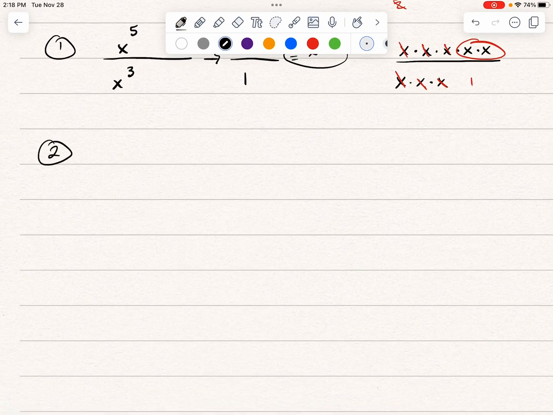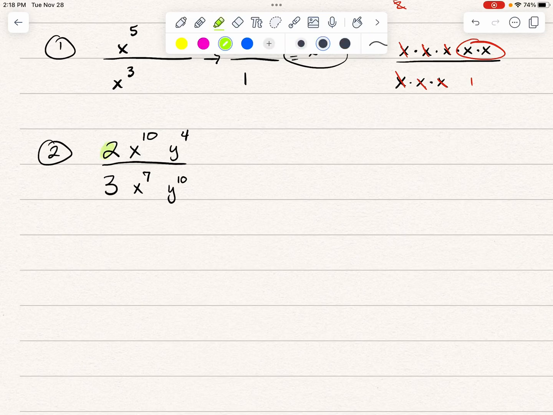Let's look at a second example here. Let's say we have 2 over 3, x to the 10th over x to the 7th, and y to the 4th over y to the 10th. For this one, we have several different bases: a base of 2, a base of 3, a base of x, and a base of y.